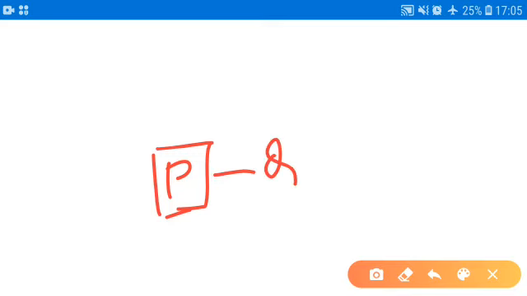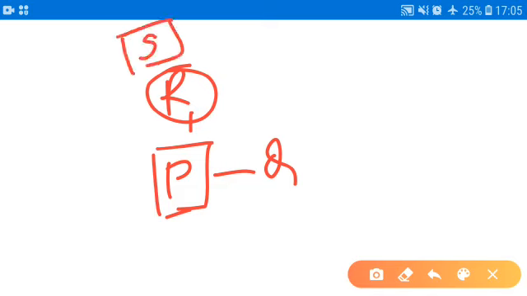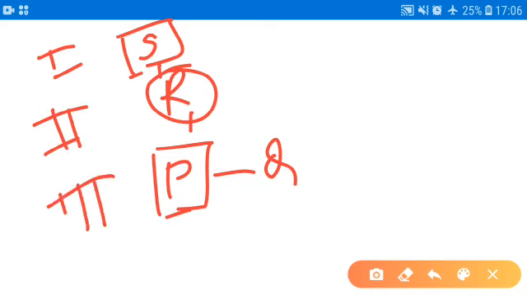R is a mother of P, so I will keep R inside a circle that represents a woman. Now S is a father of R. So this is the first generation, this is the second generation, and this one is the third generation.